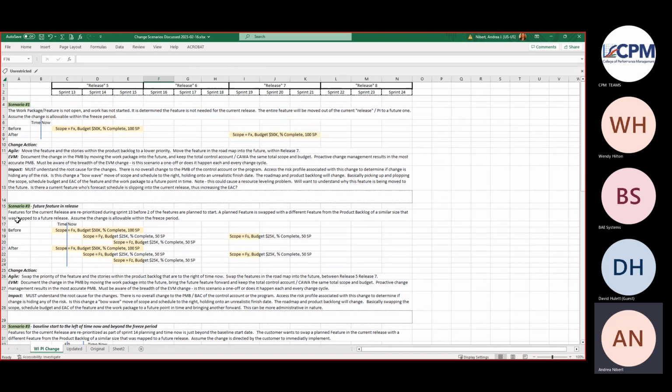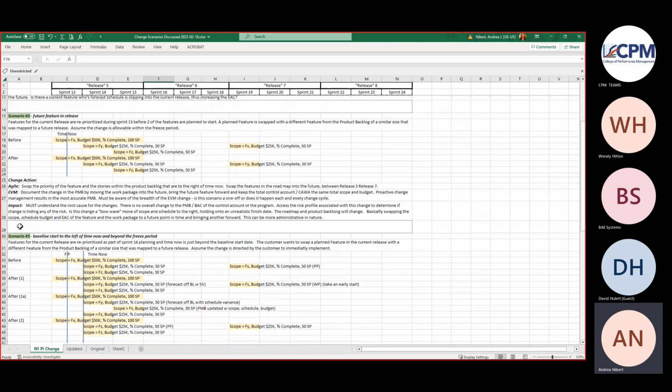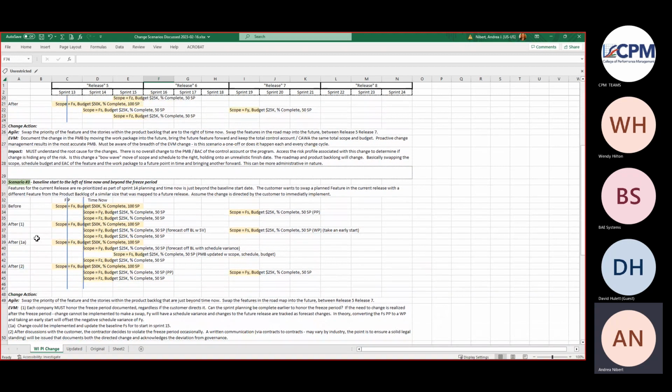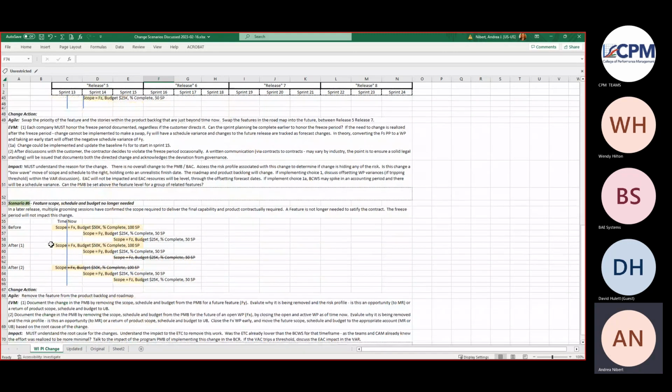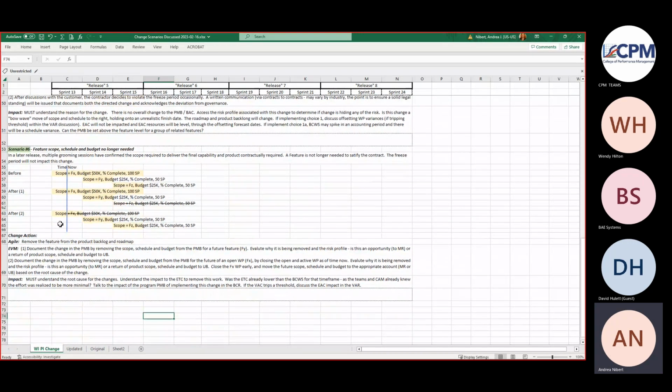And these scenarios, the first few, were right from the Agile guide that IPMD, the Agile Committee, produces. And we are now to the point where we're moving beyond the guide itself and coming up with additional change scenarios. So the homework assignment from the folks on the call last time was to think about other change scenarios that we would like to talk about.